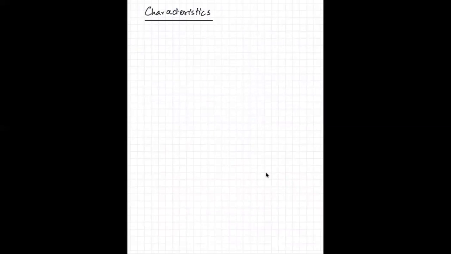So let's start off by saying we wish to understand the implication of delta equal to 0 in the Cauchy problem.